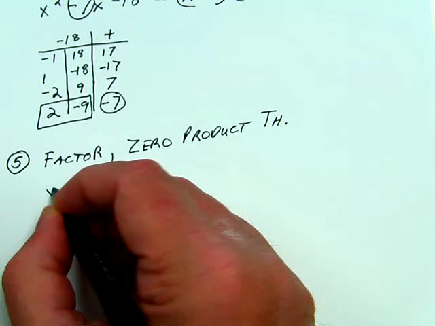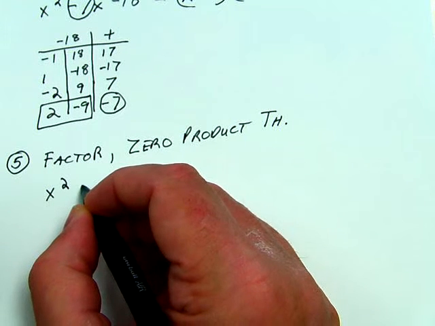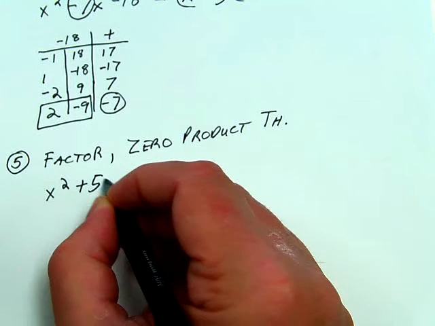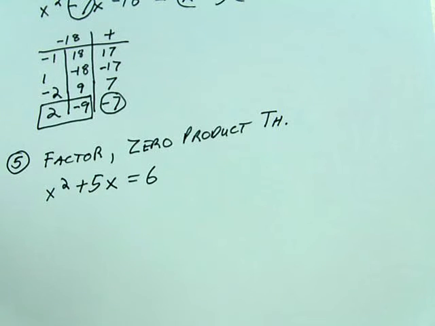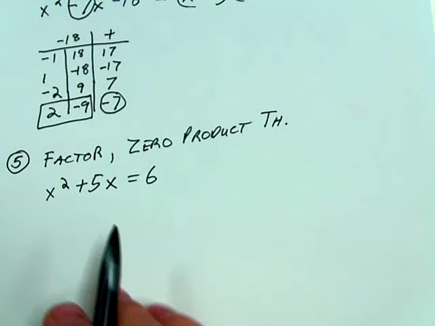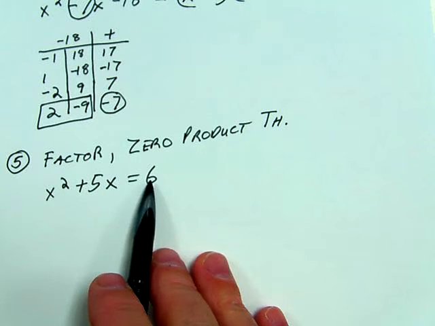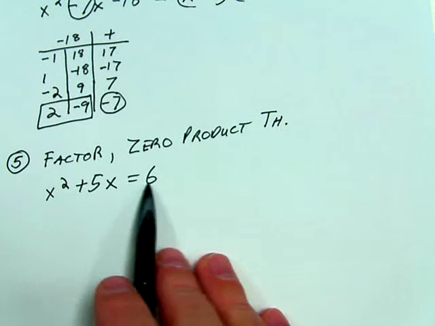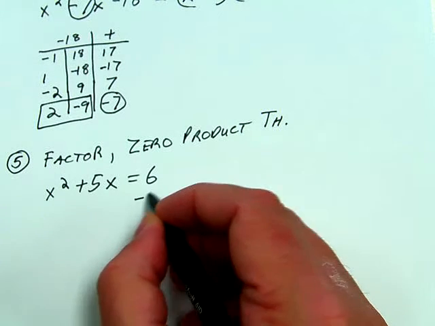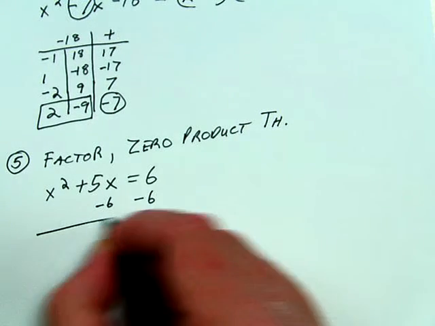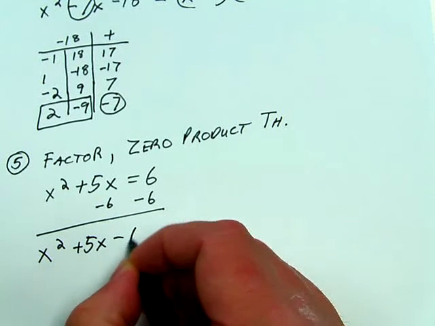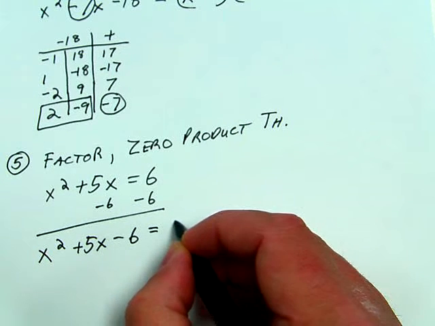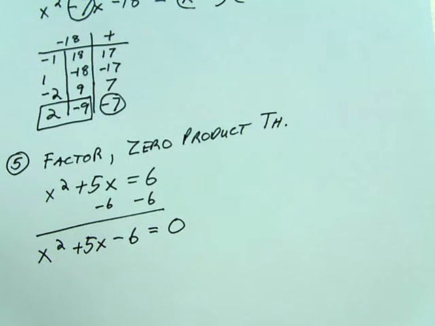Let's say we have x squared plus 5x equals 6. Well, right away I can't do anything with that because it's not in the standard format that I want, x squared plus bx plus c. So I'm going to subtract 6 from each side, and that leaves me with x squared plus 5x minus 6 equals 0. All right, now I can see the potential here.